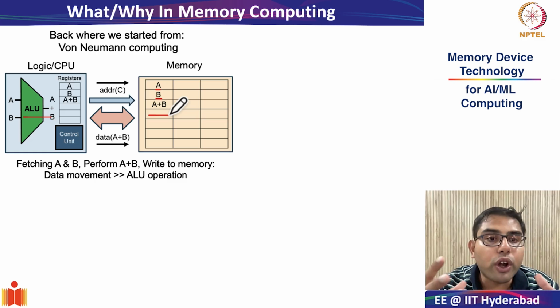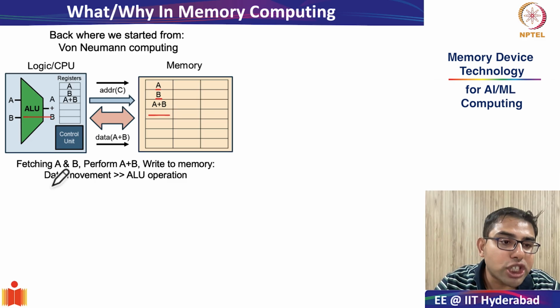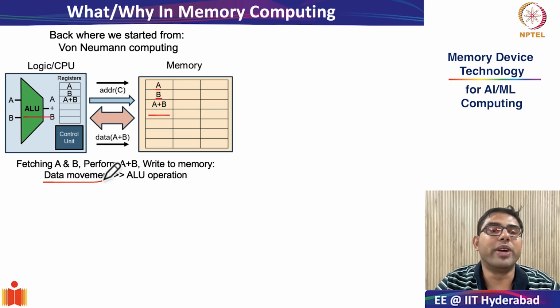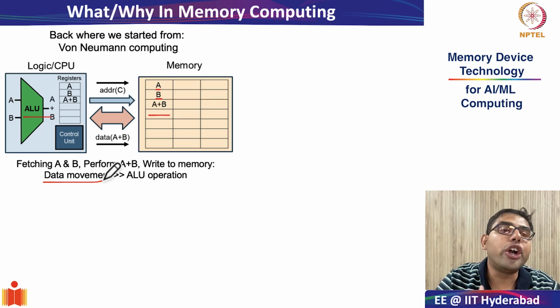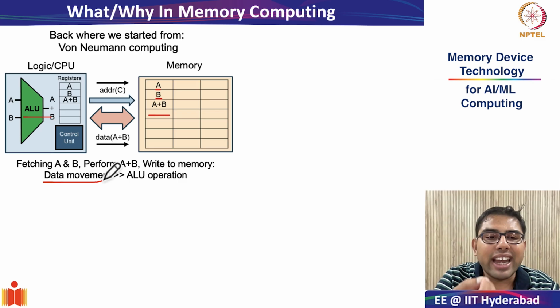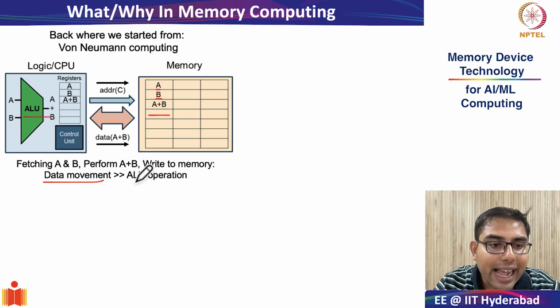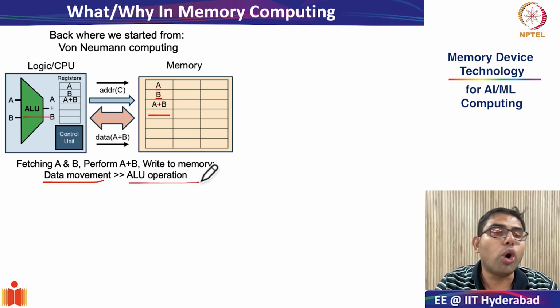And most of the time in the sequential task was actually spent in data movement. So the latency incurred in von Neumann systems is primarily due to data movement, and it takes very little time for you to do the ALU operation.